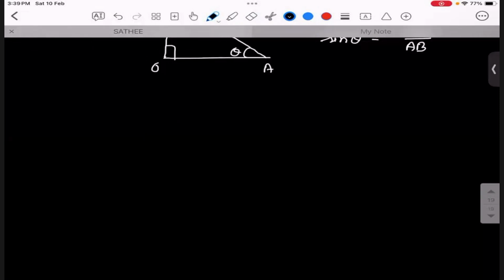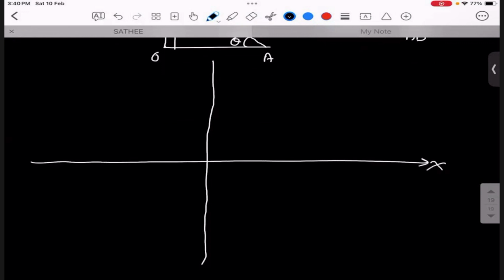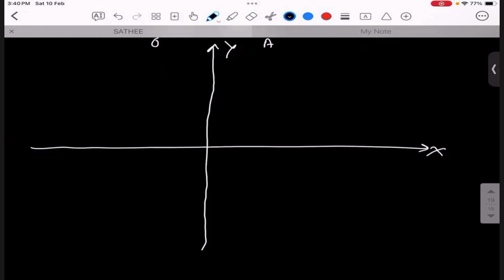So this is our x-axis and y-axis. And this is our unit circle, drawn with the origin at the center, with radius 1.